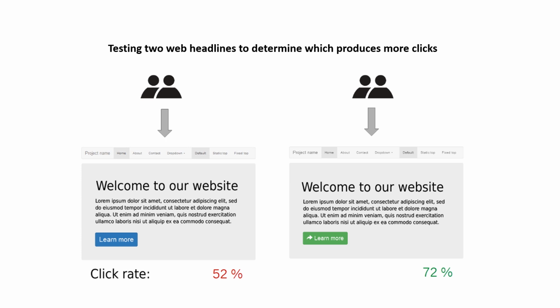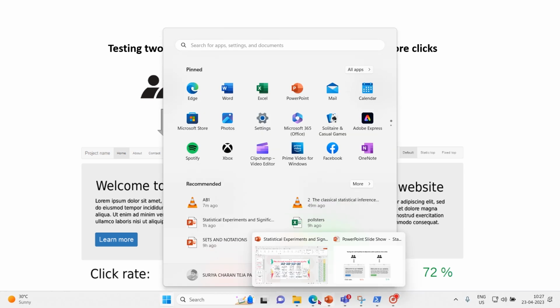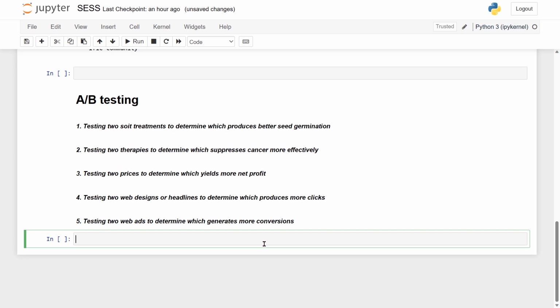A proper A/B test has subjects that can be assigned to one treatment or another. The subject might be a person, a plant seed, or a web visitor. The key is that, let me write it down so that it would be very clear. Who are the subjects?